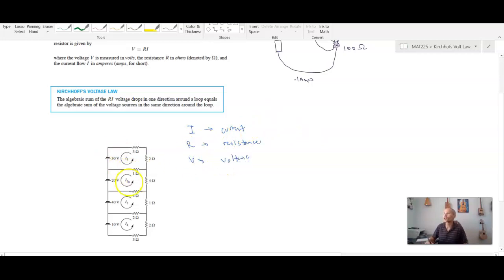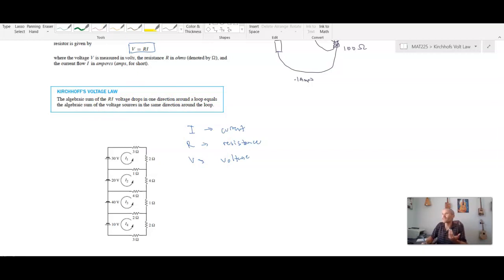To figure out how much current is flowing through all of these subcircuits, we use Kirchhoff's voltage law. It says that the algebraic sum of the Ri voltage drops, where Ri is simply Ohm's law, the voltage drop across a device being the product of resistance and current, in one direction around a loop equals the algebraic sum of the voltage sources in the same direction around the loop.